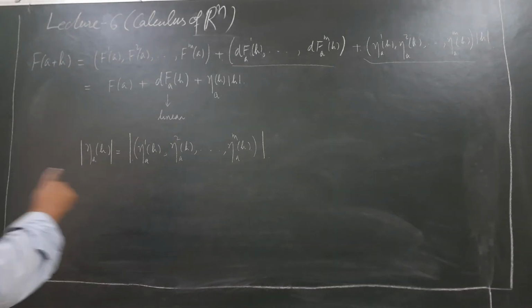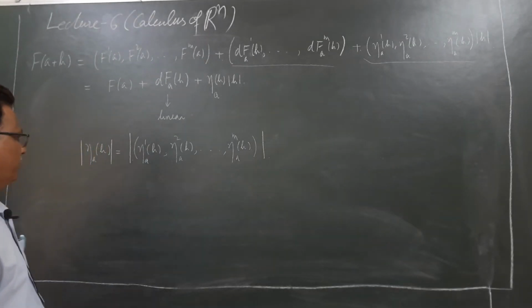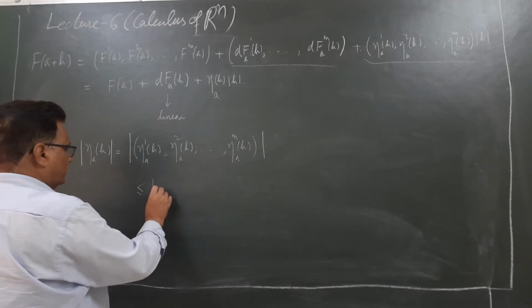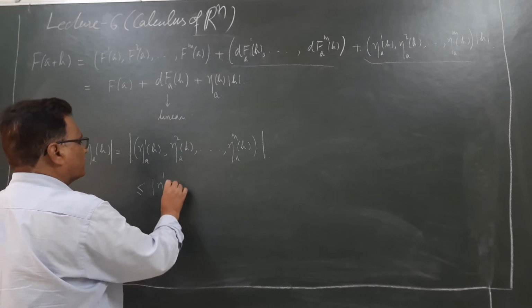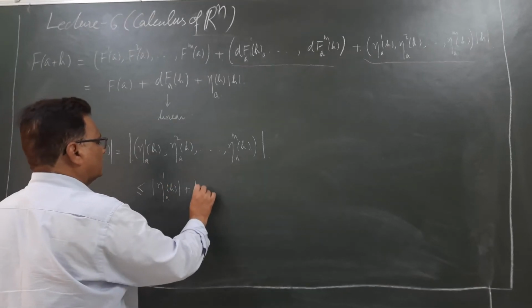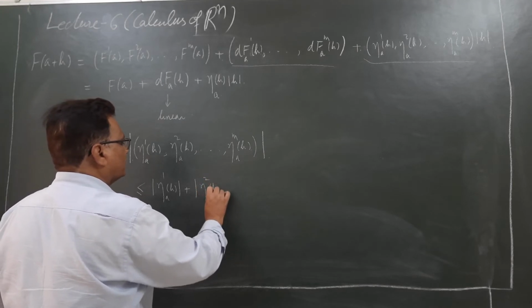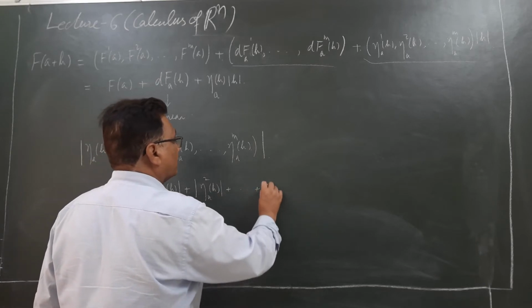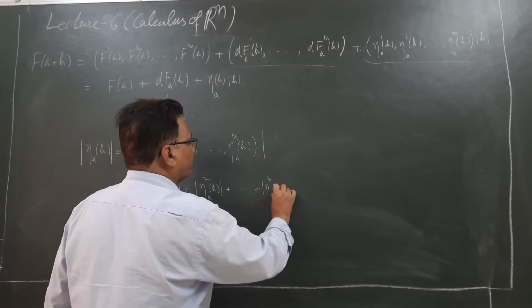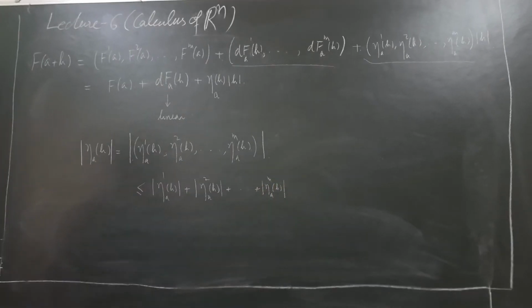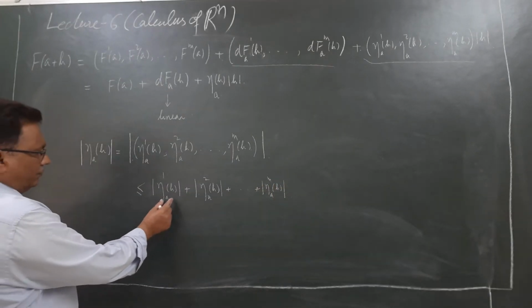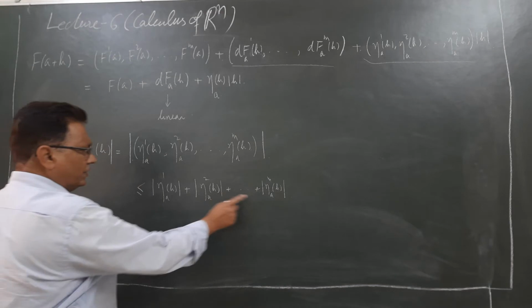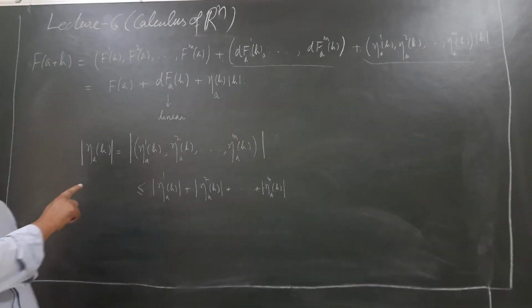Okay, this is a vector which has m components, and its modulus will be less than or equal to |eta_1(h)| + |eta_2(h)| + ... + |eta_m(h)|. Now all of them tend towards 0 when h tends towards 0. So in the limiting case, each one of them tends to 0, and therefore the sum will also tend towards 0.